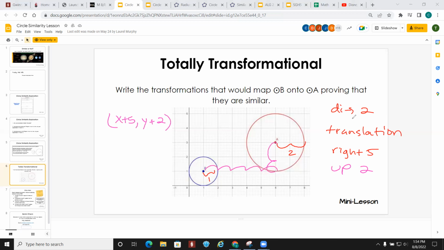And sometimes if they have the dilation, they would put that 2 out front. Does that look familiar? This is just taking a coordinate, like x, y, and making this transformation happen to it. So it's saying move it to the right 5, move it up 2. Nothing crazy.